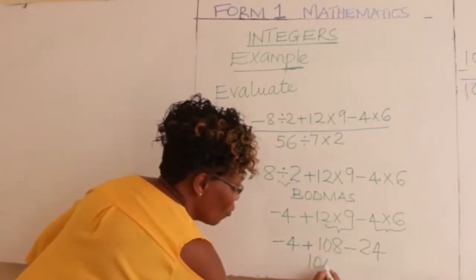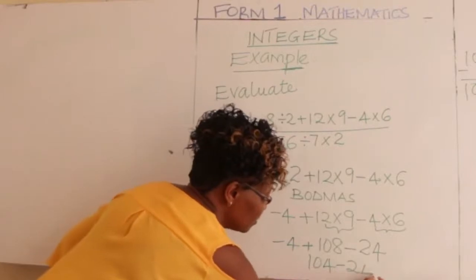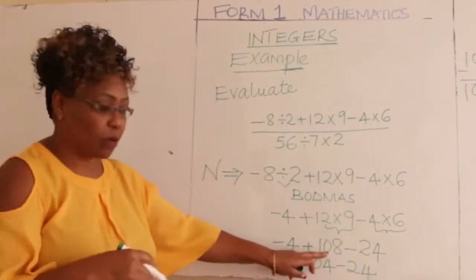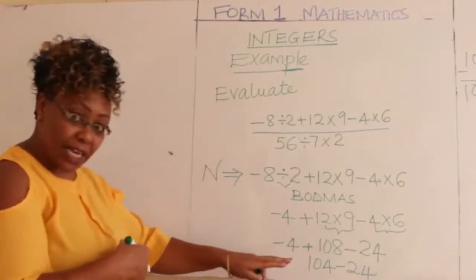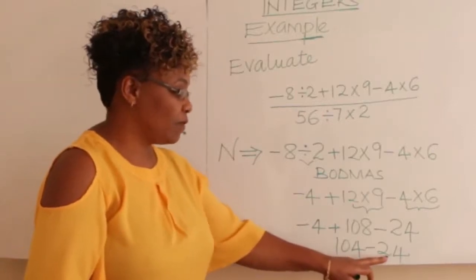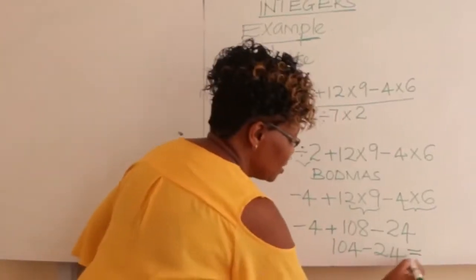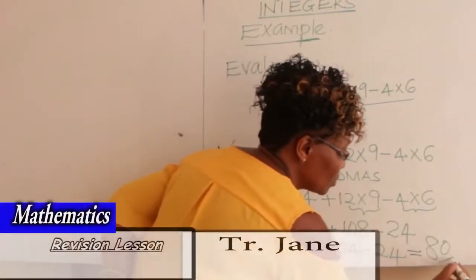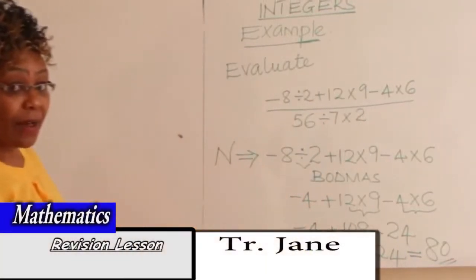Minus 4 plus 108, you can start with the positive one. 108 minus 4 gives you 104. Then you minus 24. 104 minus 24 should give you 80. And so that is your numerator.